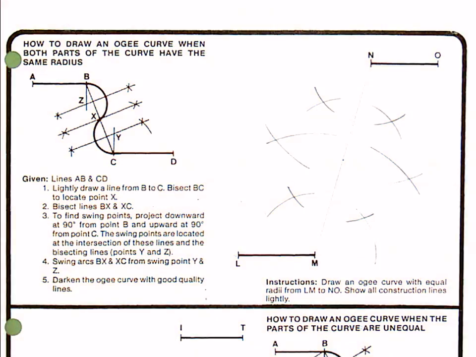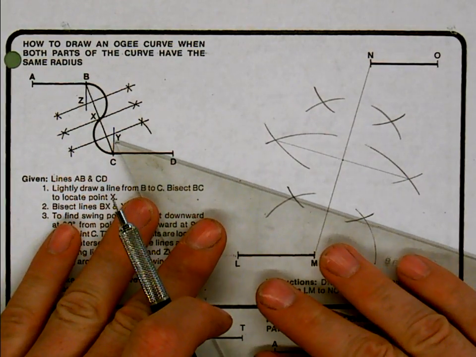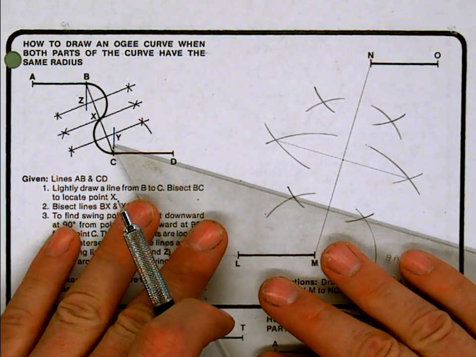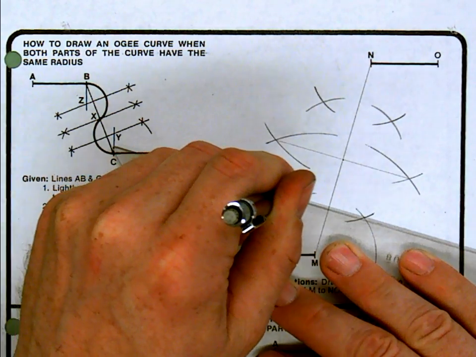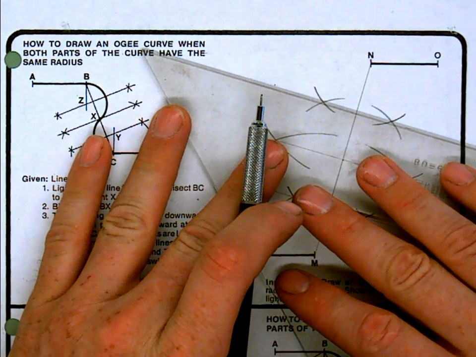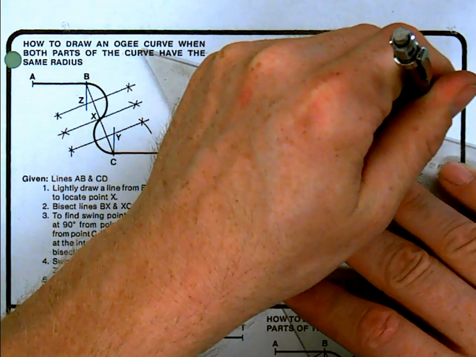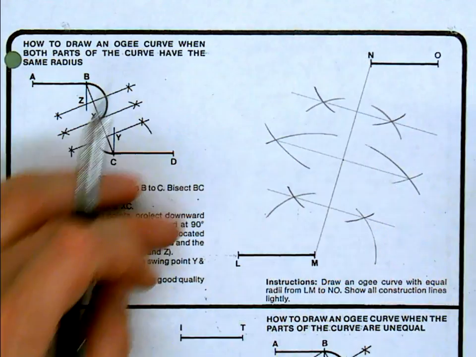There we go. And some lines using those two intersections for each side. Okay, so that's getting through those four equal parts.